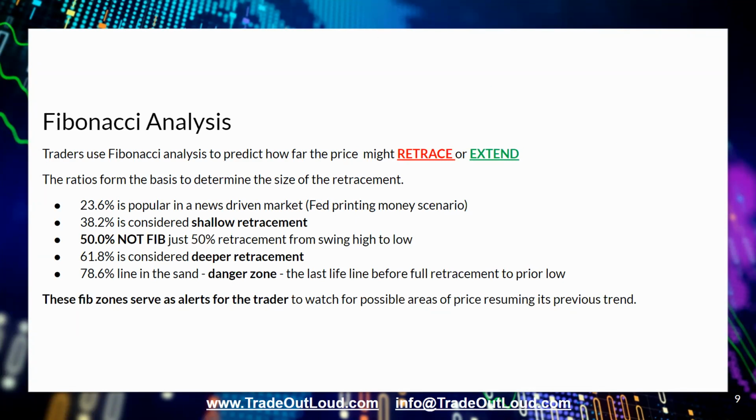So for example, we talked earlier about the possibility of the price moving higher, right? Let me just trace it here. So we have bar 1, bar 2, bar 3. Let's say we have 5 bars to the upside.